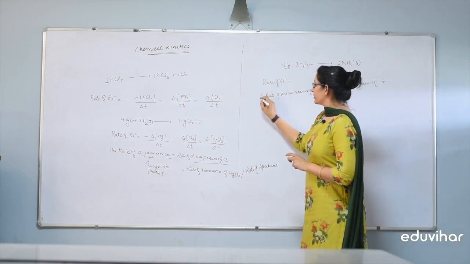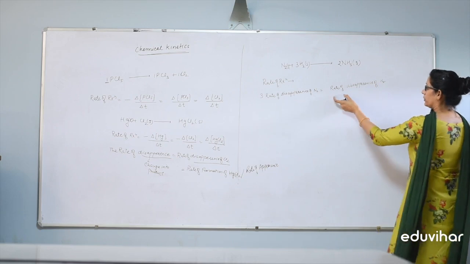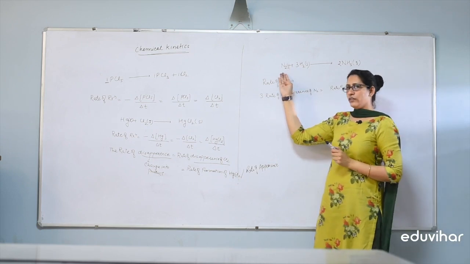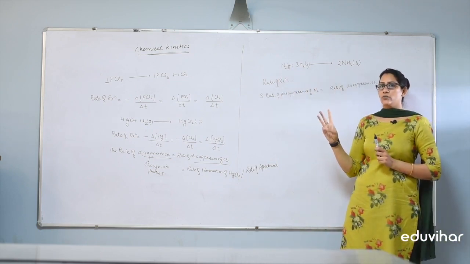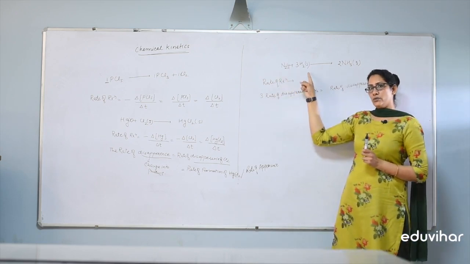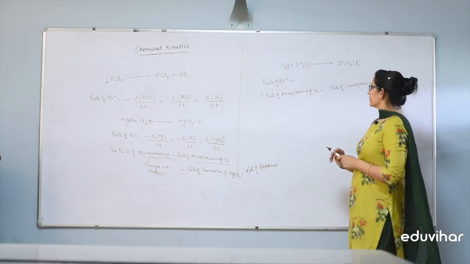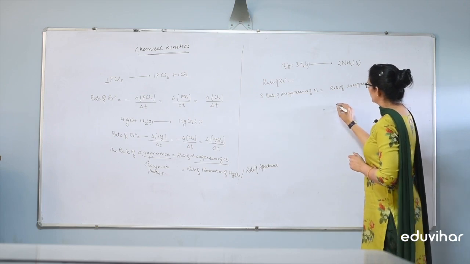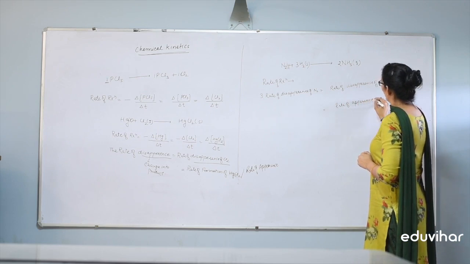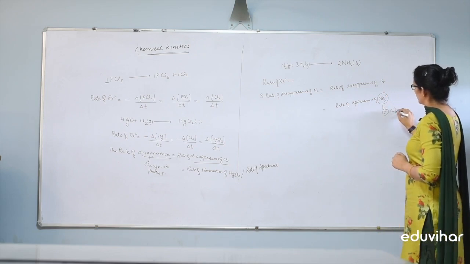It means 3 times the rate of disappearance of nitrogen is equal to the rate of disappearance of hydrogen. 1 mole of nitrogen reacts with 3 moles of hydrogen, so the speed of hydrogen is more in comparison to nitrogen, and that is equal to the rate of appearance of ammonia. Again, ammonia has coefficient 2.